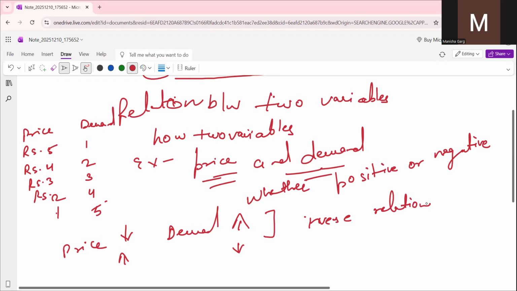What will correlation tell us? It is a statistical method or a statistical technique that measures quantitative relationship. It will tell us the quantitative relationship which we can measure.